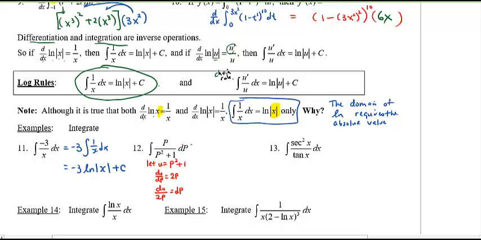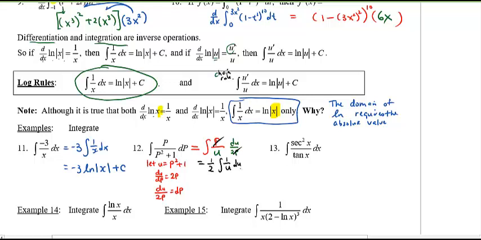Why is this important? Because now if I make the substitutions, let's see what I get. P, now it's not p squared plus 1, but u. And then dp is the same thing as du over 2p, which is great, because the p's then divide out. That 2 in the denominator I can take out into the front.